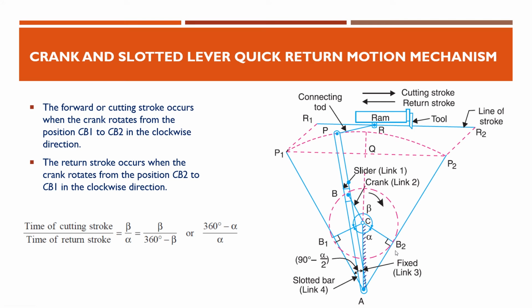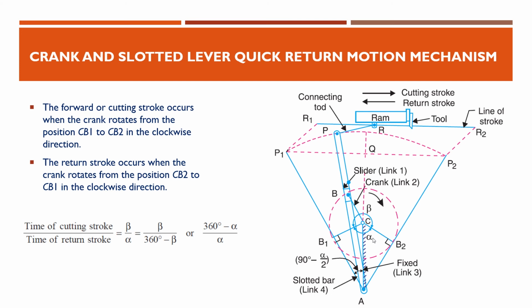Now the time of the cutting stroke by time of the return stroke is equal to beta divided by alpha, or beta divided by 360 minus beta, because alpha plus beta is equal to 360 degrees. And why it is called a quick return mechanism, I already explained. See, in this figure you can see that the beta angle is larger, whereas the alpha angle is smaller.